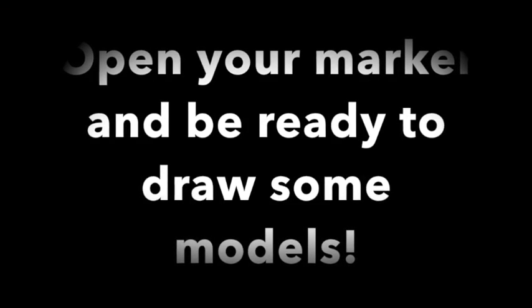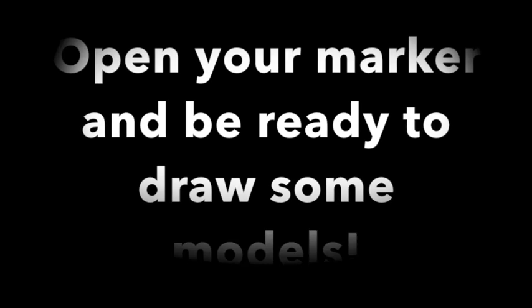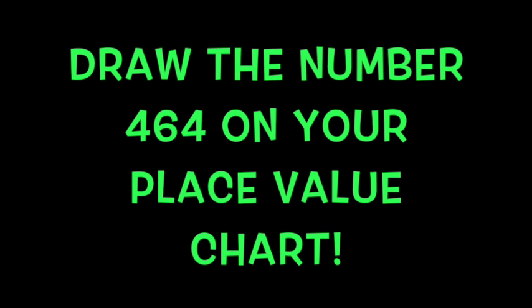Open your markers and be ready to draw some more models. This time I want you to use place value discs to draw the number 464 on your place value chart. So you should be putting 4 hundreds in the hundreds place value, 6 tens in the tens place value, and 4 ones in the ones place value.